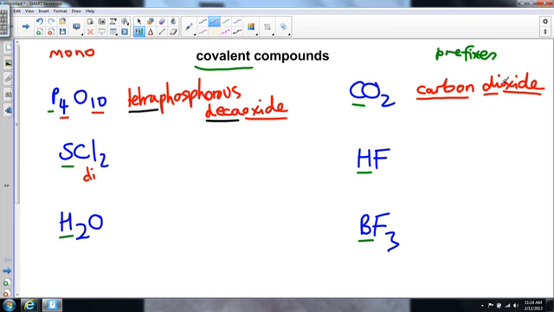That's why this is carbon dioxide, not mono carbon dioxide. So for the same reason, this is not mono sulfur, it's just sulfur. So therefore, sulfur, we know this is going to be chloride, and because there's 2 of them, it's going to be sulfur dichloride.